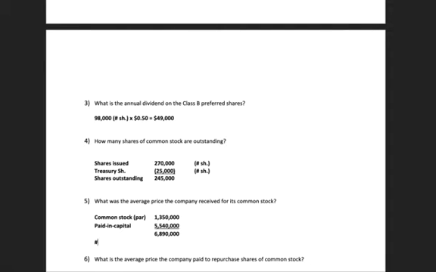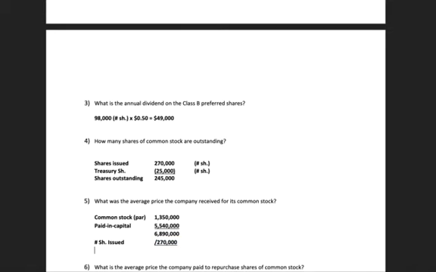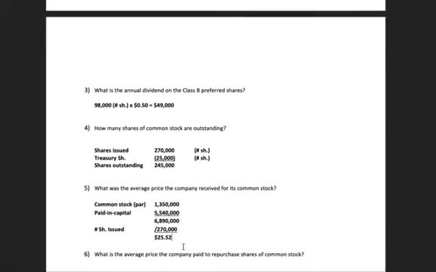So we're going to want the number of shares issued, which we had up here. It's 270,000. So we divide by 270,000. Total that up, and you'll see that we get an overall value originally received for our shares issued of $25.52.